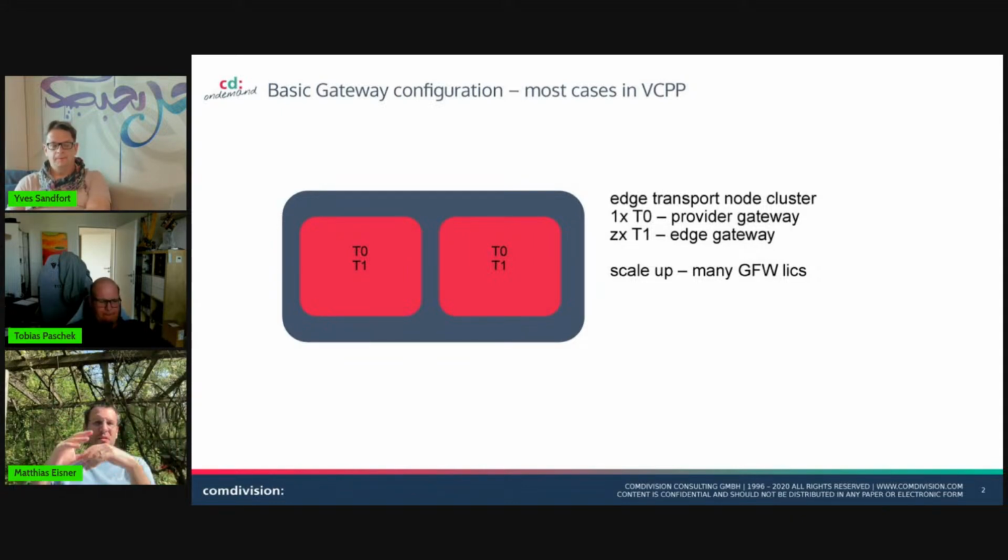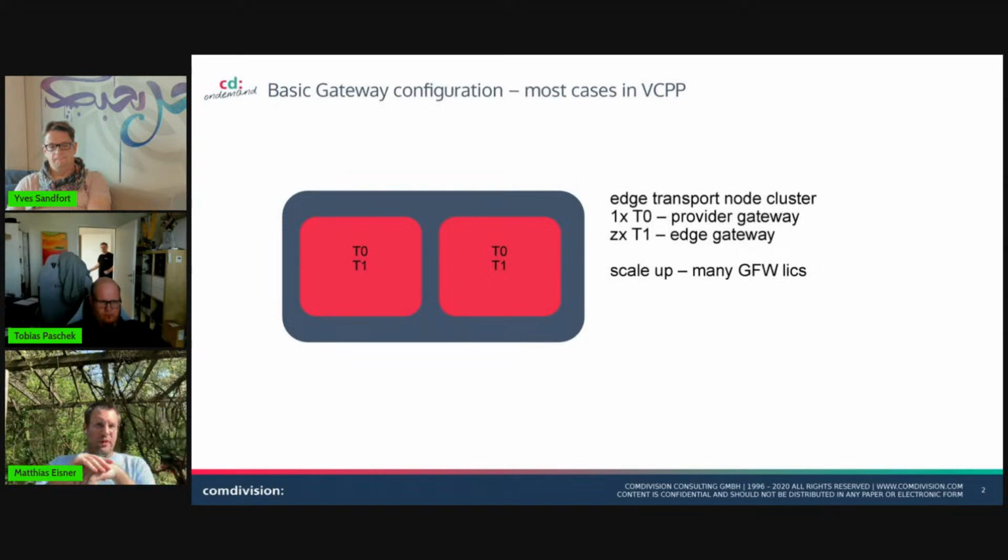You have an edge transport node cluster, 2 edges, a T0, which is the provider gateway, X or Z amount of T1 edge gateways. And if you just needed more throughput, in most cases, you just scaled up. So you added more virtual CPUs to the edge transport nodes.